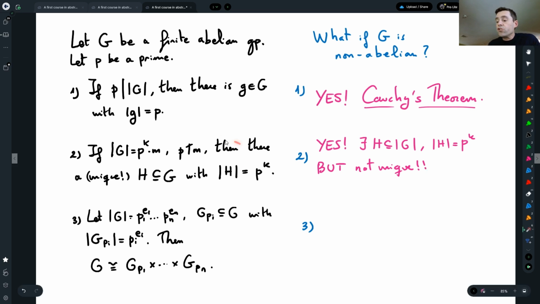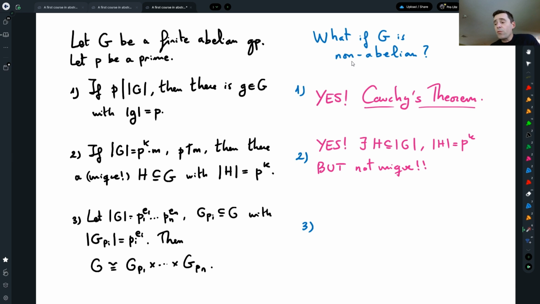So now we are already running into trouble if we want to recreate the same proof for the finite abelian groups in the non-abelian group case. It is not going to be so easy. In fact, there isn't a classification per se of groups in the non-abelian case, but these tools might be useful in trying to classify at least some types of non-abelian groups.